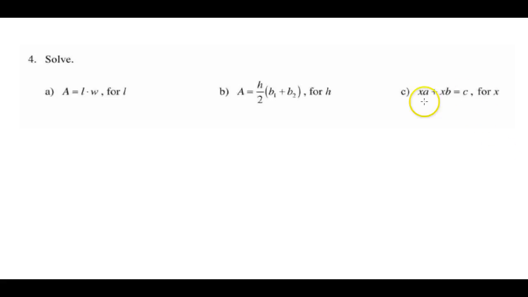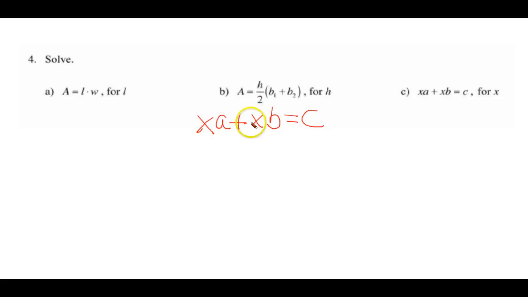Now let's do this one here, and I'll write it out big here for you. XA plus XB equals C. And we want to solve for X. Now here's a technique.